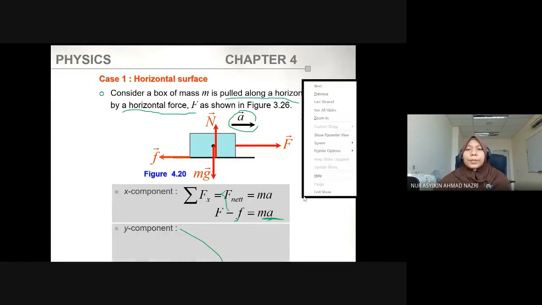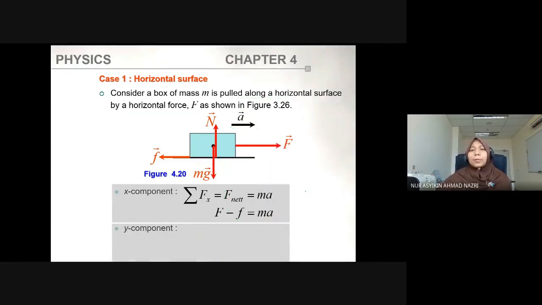For the y component, going upward is your normal force, then we minus mg. Since equal to 0, Fy equal to 0.